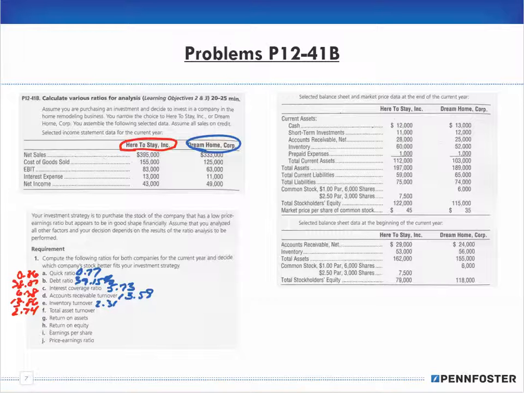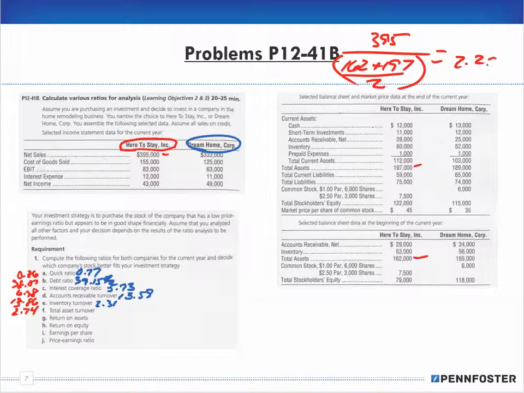Total asset turnover is going to be my 395 over 162 plus 197 divided by 2, and that gives me 2.20.